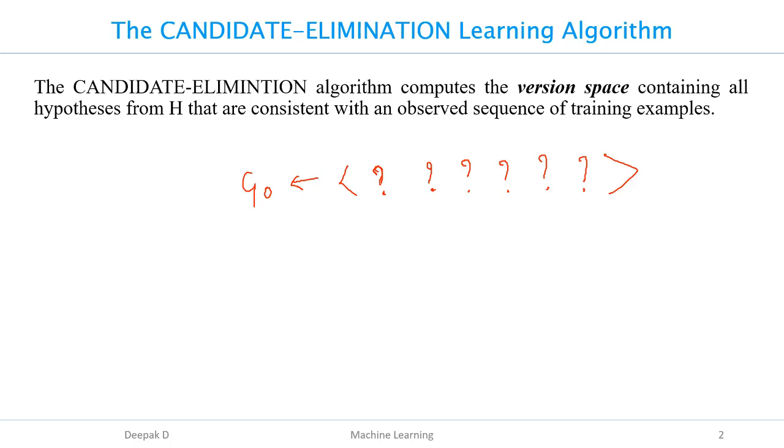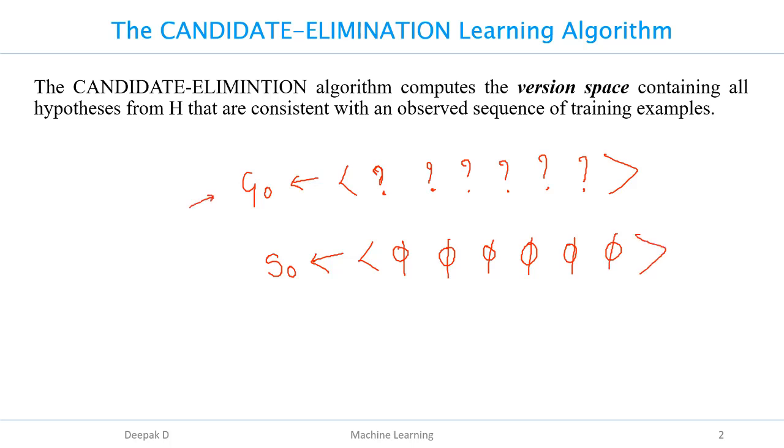Similarly, I have to initialize another boundary, that is S0. In this S0, I will write all the values as null values. So 6 attributes are written with null values. It means that I have defined two boundaries.